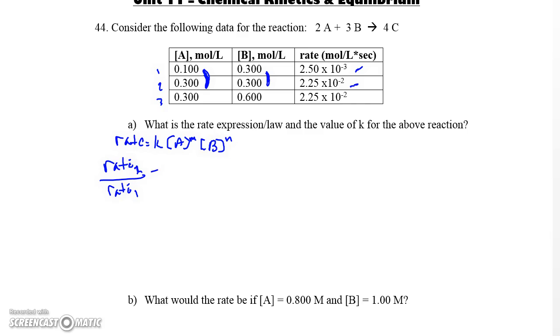Just makes me more comfortable. And then we'll look at the concentration of A from experiment 2 over the concentration of A from experiment 1 raised to the m power.